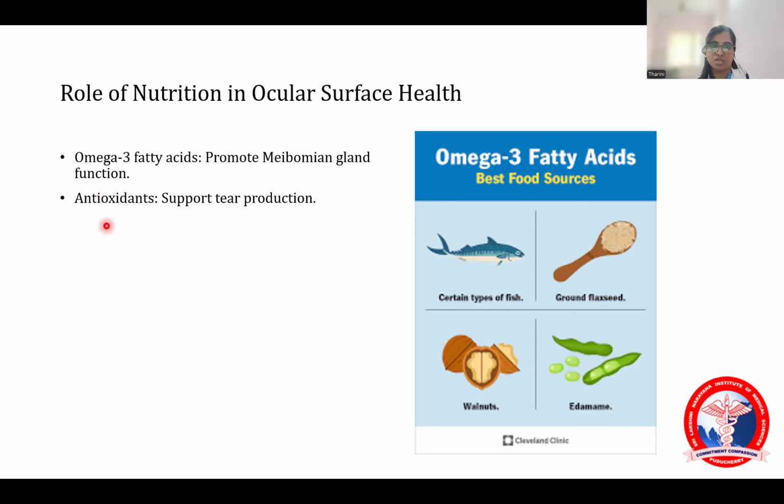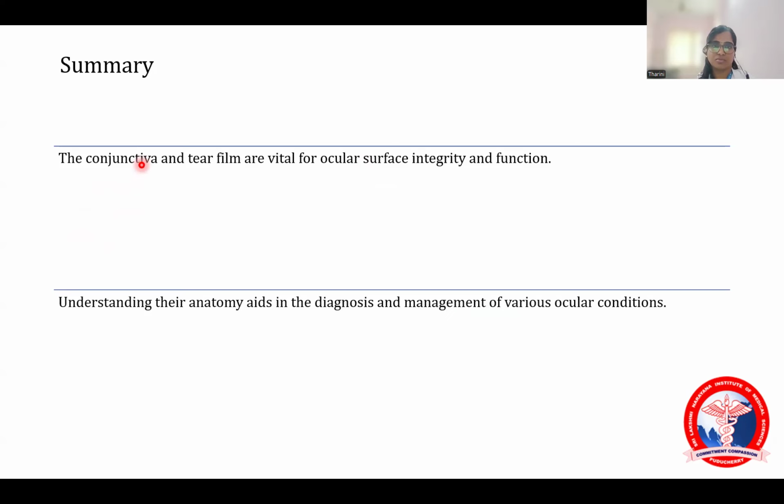Supplementary oral antioxidants can also support tear production. To summarize, the conjunctiva as well as the tear film play a vital role in maintaining the integrity and function of the ocular surface. Understanding their anatomy helps in diagnosis and management of various ocular conditions.